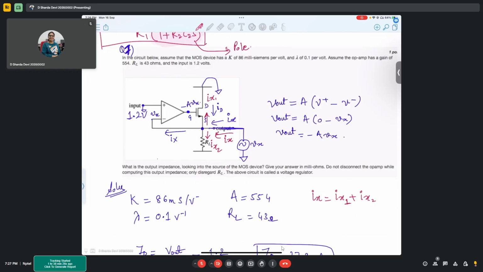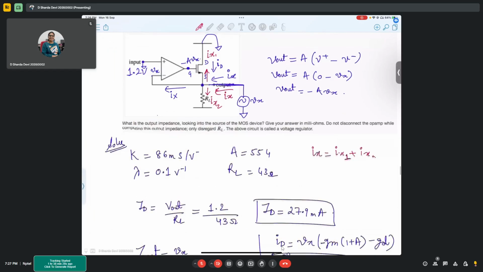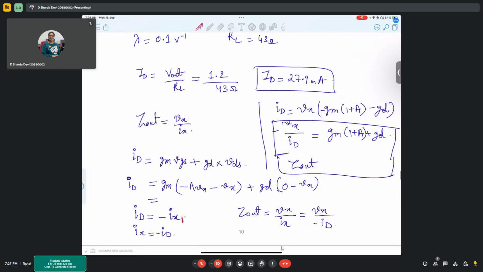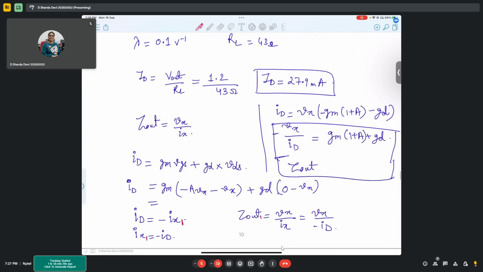So in that case, my id is equal to minus ix1. And this will be ix1. So this will be Z out 1 in parallel. So Z out would be Z out 1 parallel RL, right?